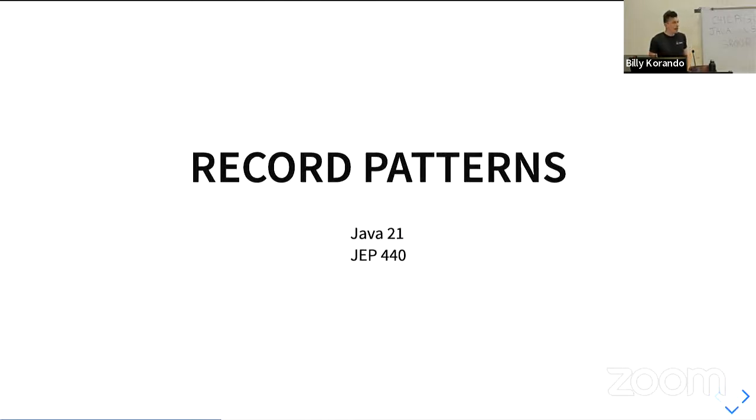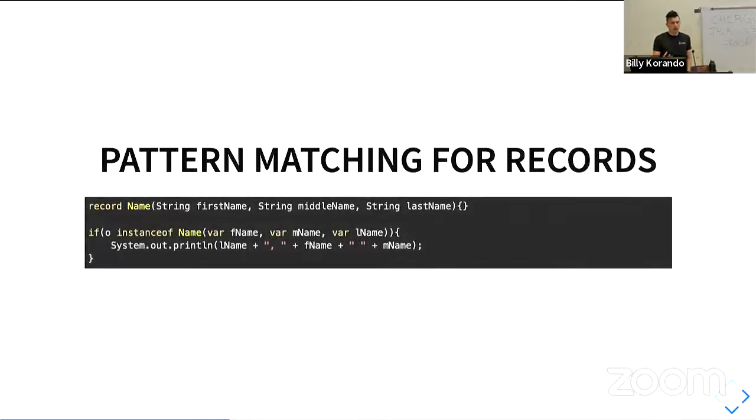You also have record patterns, and essentially what record patterns do is deconstruct a record. You write out something like a constructor, where you're newing it and passing your values, and this is just the inverse of it, where you're extracting the values out of it.